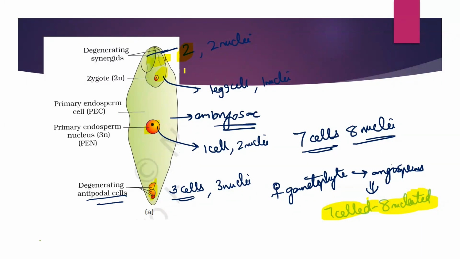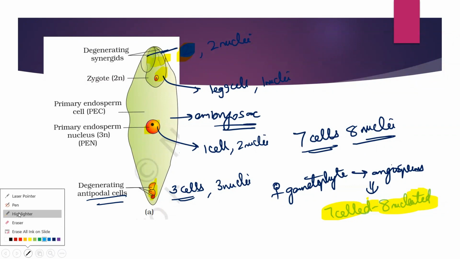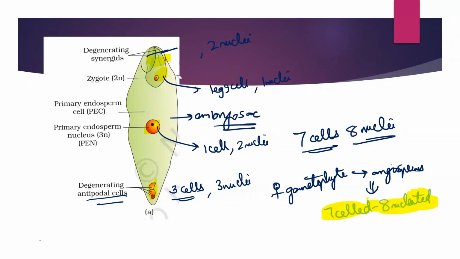Here it's explaining how it is seven-celled. So two synergids, one egg cell, one central cell with polar nuclei, three antipodal cells, total seven cells and eight nuclei.